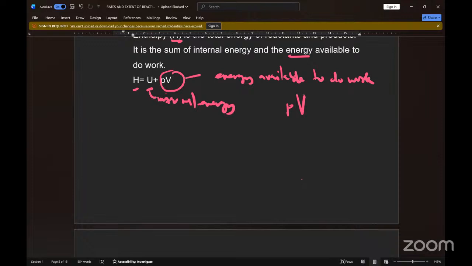Okay, so P is pressure and V is volume, like you did in grade 11 when you were talking about gas laws, okay? Your Boyle's law, your Charles's law, and so on. So you dealt with pressure and volume. But before I even deal with this, let me talk about work first.